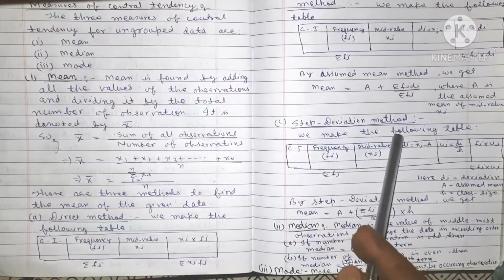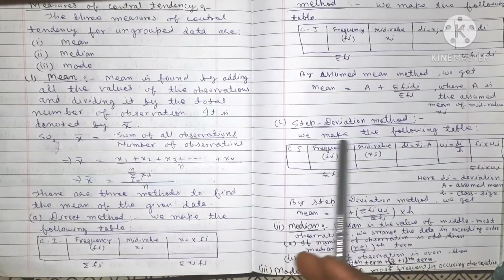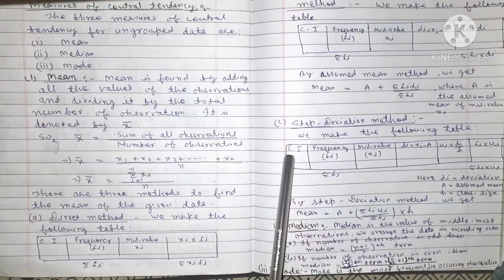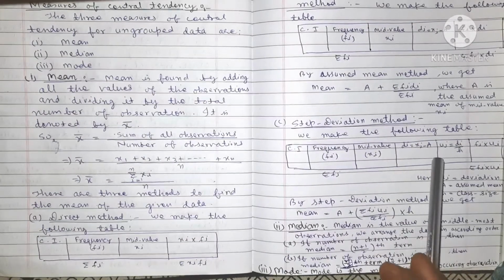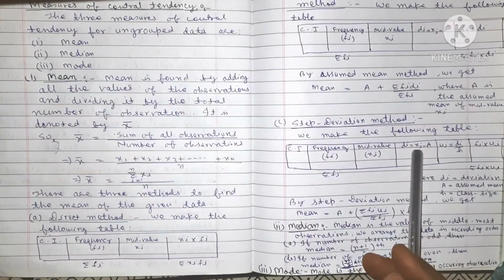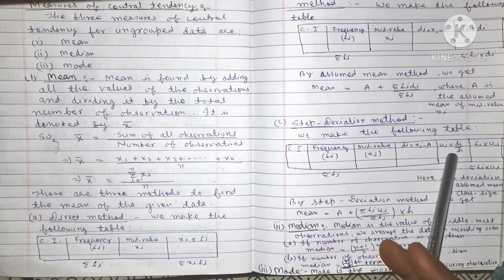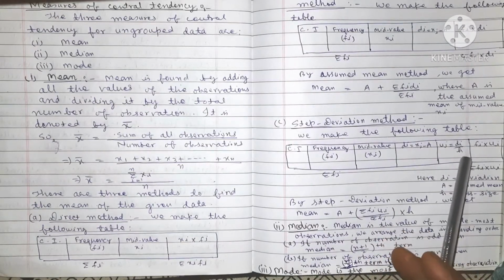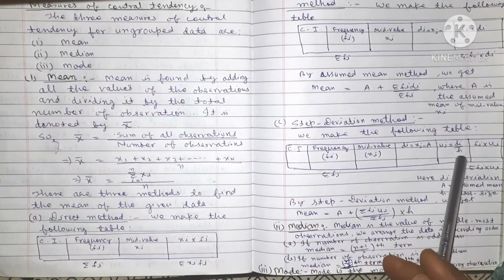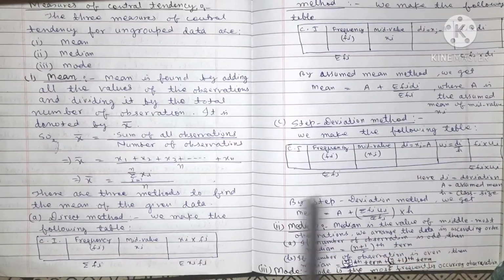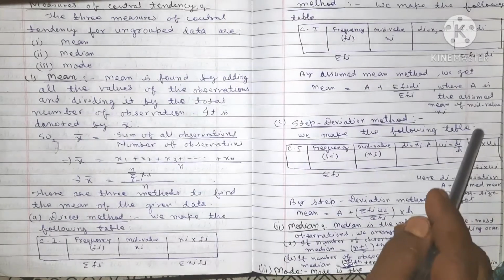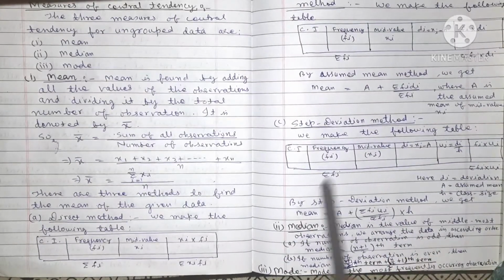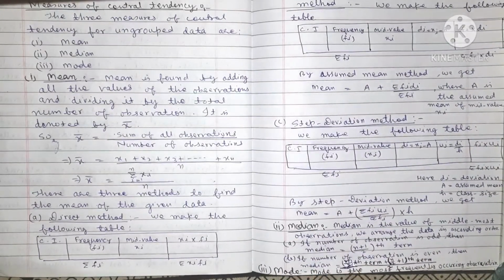C. Step deviation method. In this method, we make the following table. Class interval, frequency fi, mid value xi, di deviation, xi minus a where a is the assumed mean, ui is equal to di by h, deviation divided by class size, h is class size. And in this column we write fi ui. Now we add this column, we write sigma fi ui, we add this column, we write sigma fi.